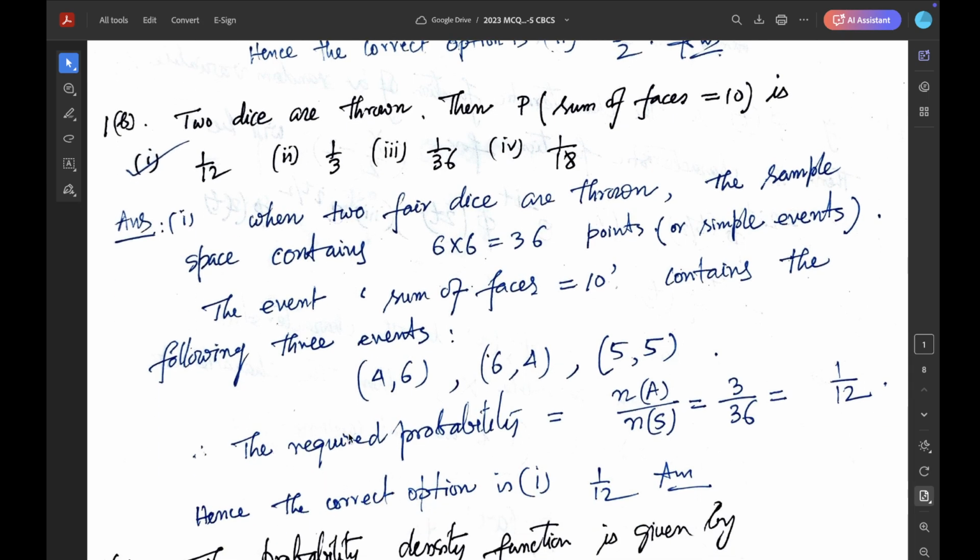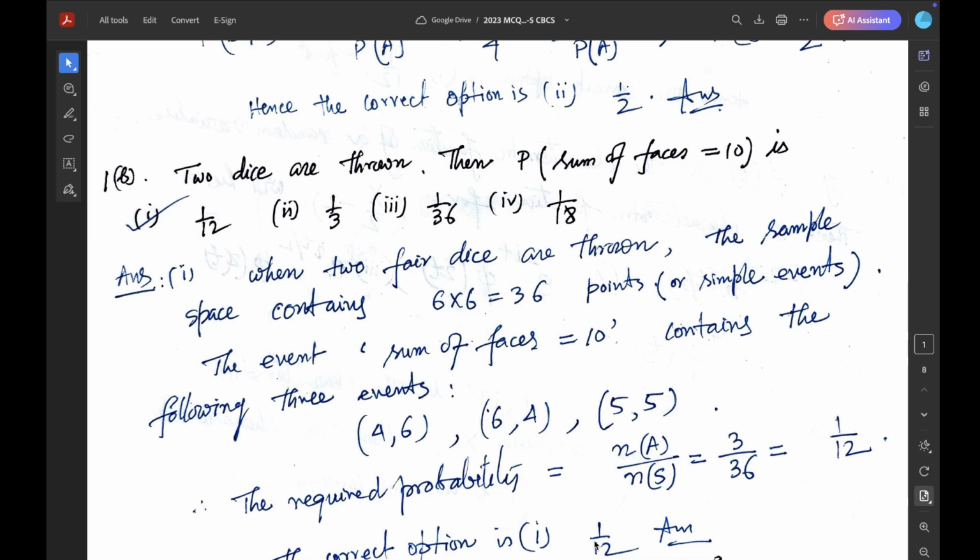Hence the required probability by classical definition of probability: the favorable cases for the event A, sum of the faces equal to 10, divided by the number of simple event points in the sample space, which is 36. So this is equal to 1 by 12. Hence the correct option is 1 by 12.